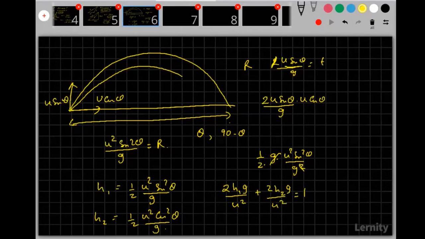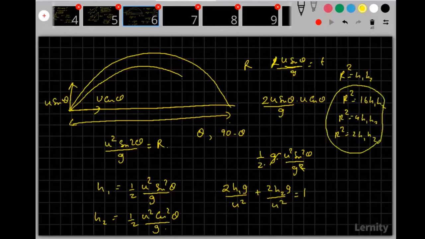So from here, the options that they have given here, the trick is all to do with the options. R squared is equal to h1 h2, r squared is equal to 16 times h1 h2, r squared is equal to 4 times h1 h2, then r squared is equal to 2 times h1 h2. So this is what is the trick. So let me just multiply h1 h2, then automatically it will come.